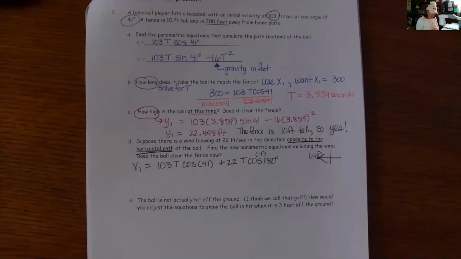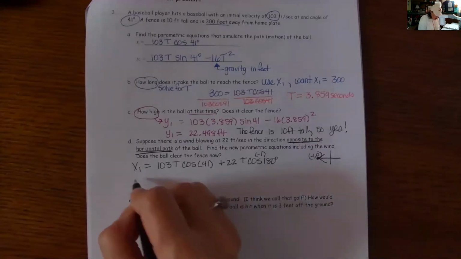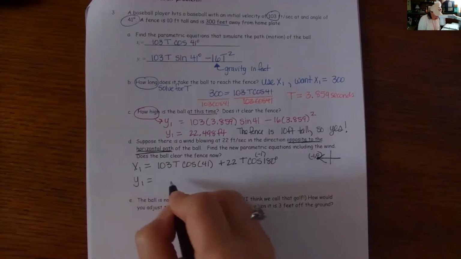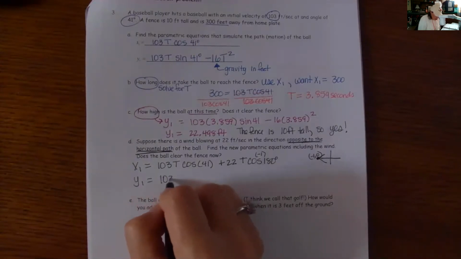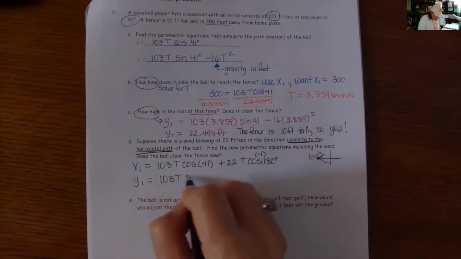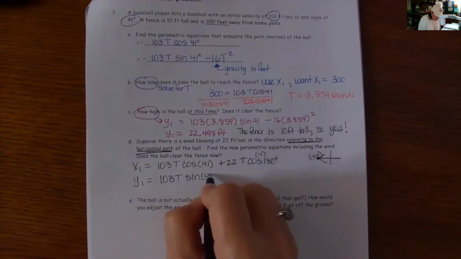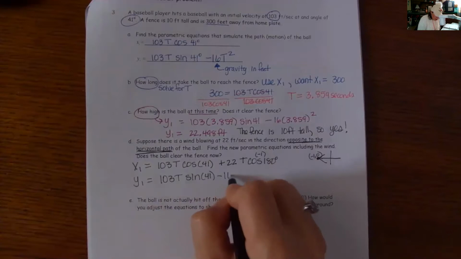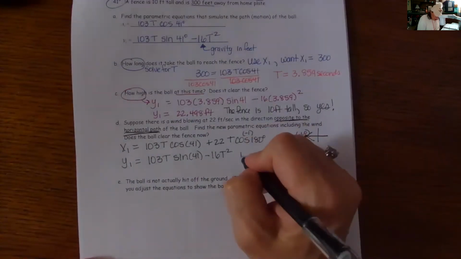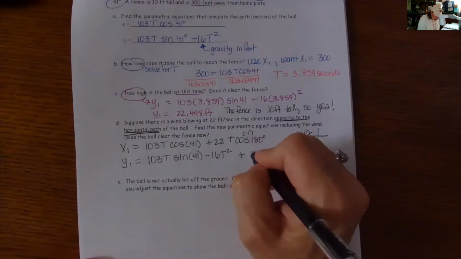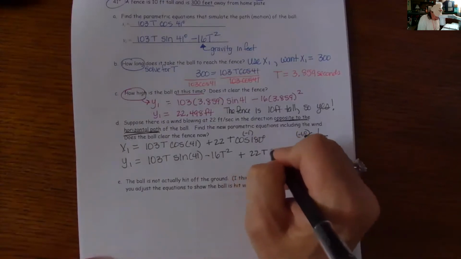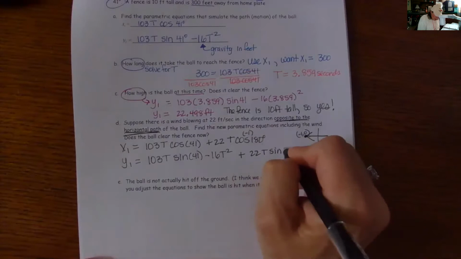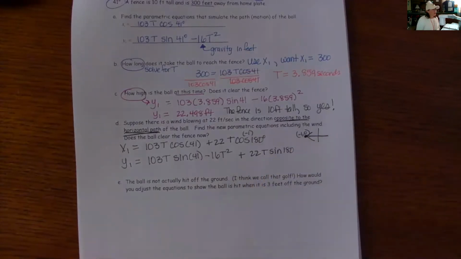Find the new parametric, including the wind. What is y1? Did y1 change? Let's look at y, because I want you to believe me. I still have gravity. Now, could I do this? I could.